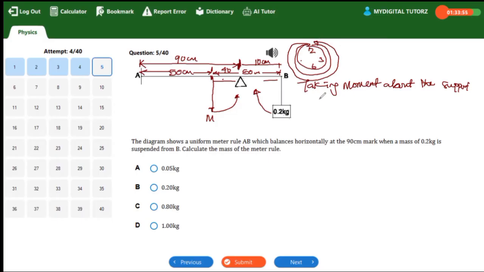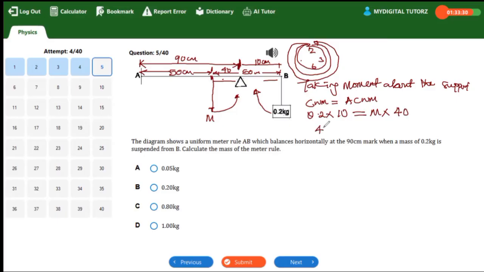So therefore, according to the principle of moment, a clockwise moment is equal to the anti-clockwise moment. So the clockwise moment is the mass 0.2 times the perpendicular distance, which is 10, equal to the mass of this, that is m, times the perpendicular distance, which is 40.